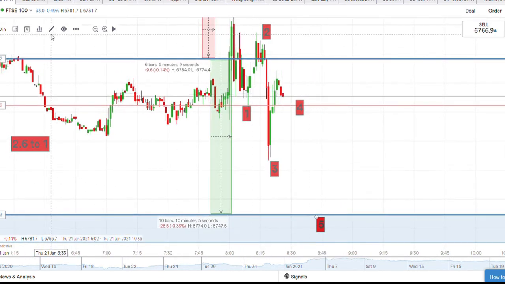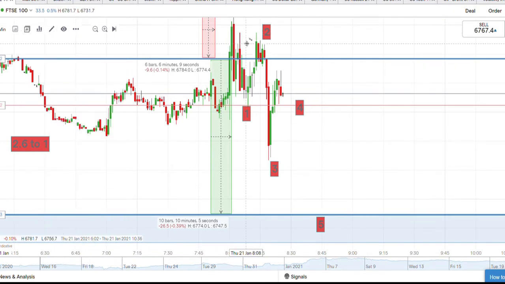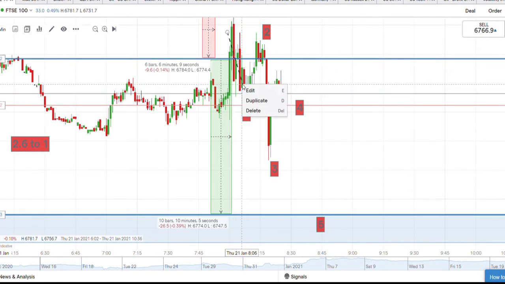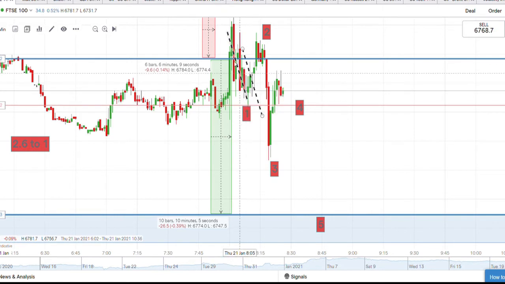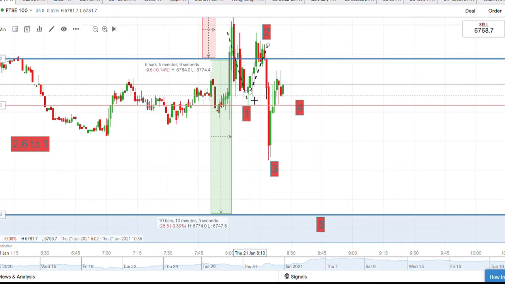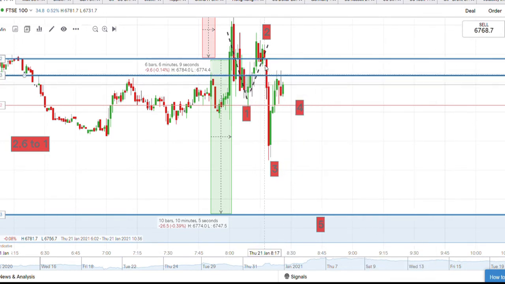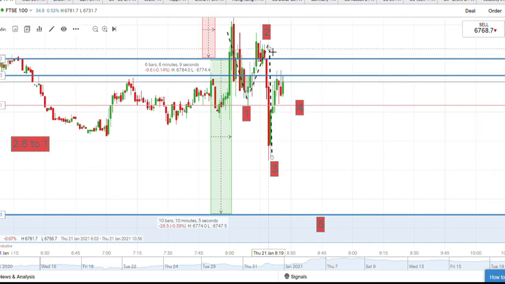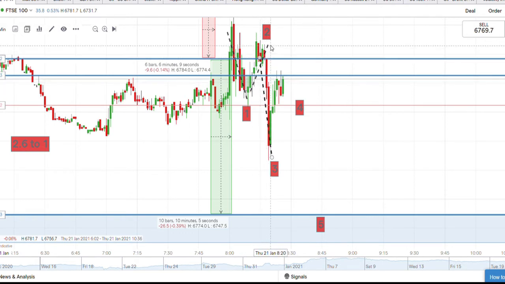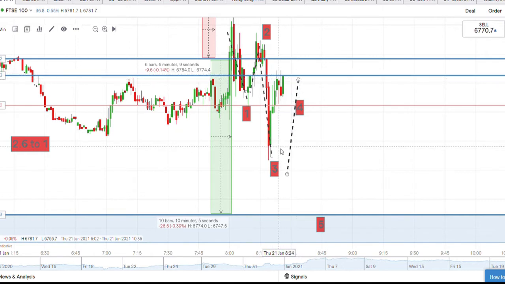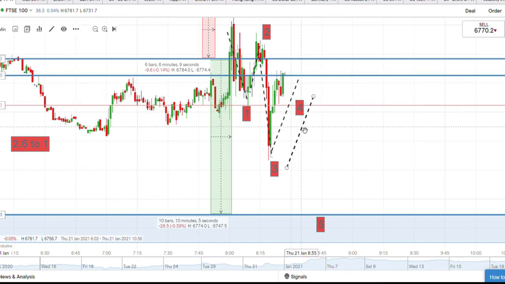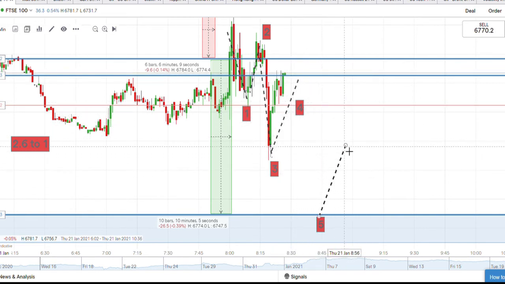So that is how I tend to map it. So if we was to get a point to point, we have a wave 1, wave 2, wave 3, wave 4, and a wave 5.